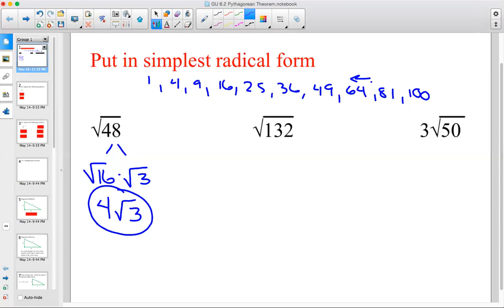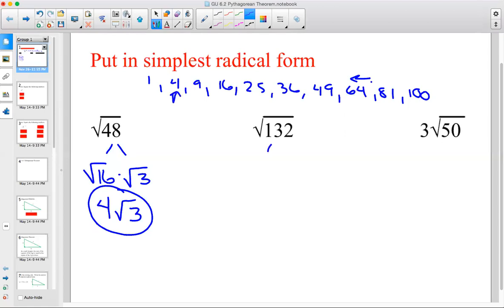Let's do 132 divided by 36. Nope. 25 won't. 132 divided by 16. Nope. 132 divided by 9. 132 divided by 4. There it is. I've got to go all the way to 4.